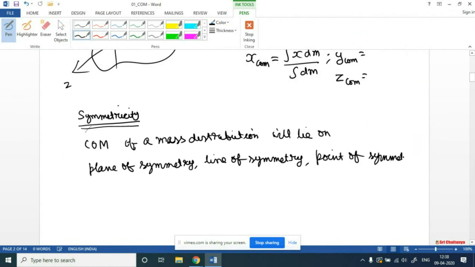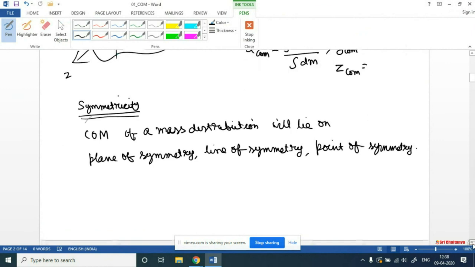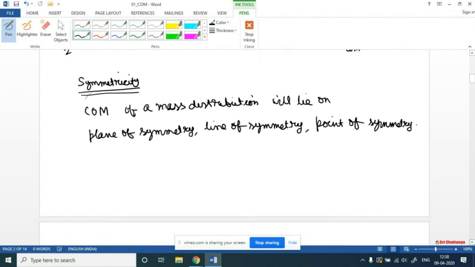That gives us a lot of benefit, because we can avoid a lot of calculation if we can find some symmetry in our mass distribution.